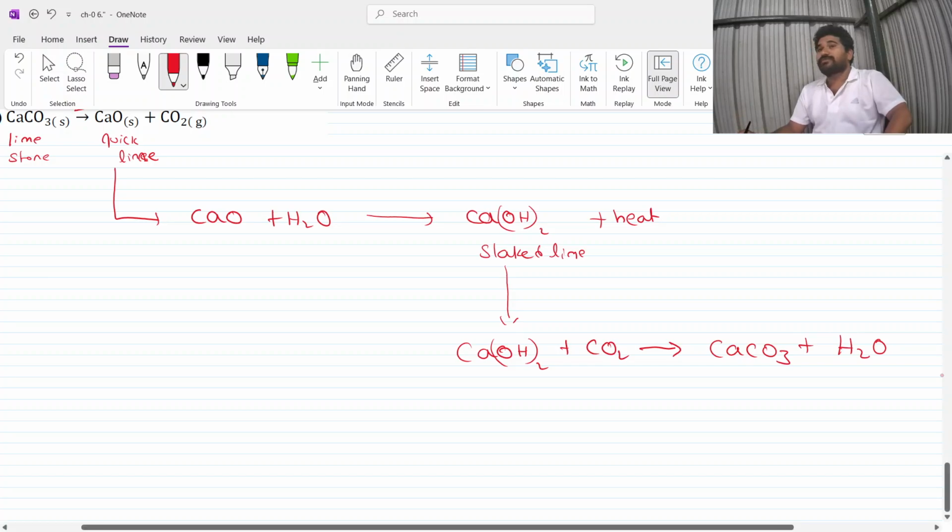H2O. Check the equation: CaCO3 plus H2O, right? Yes or no? Yes. Fine. Is that clear for everybody? Understood? Now, see, the equations will repeat themselves.